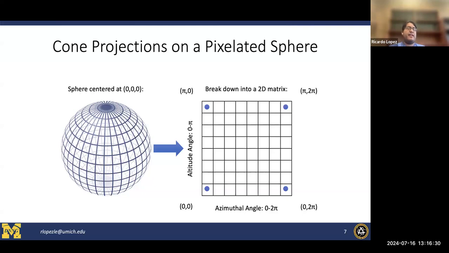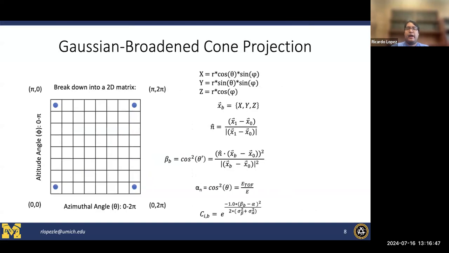What you can then do is take this spherical surface surrounding your imaging system and break it down into a 2D matrix that corresponds to azimuthal angles and altitude angles on the spherical space. Then we want to project these cones in Gaussian space, since our data have inherent uncertainties associated with them.